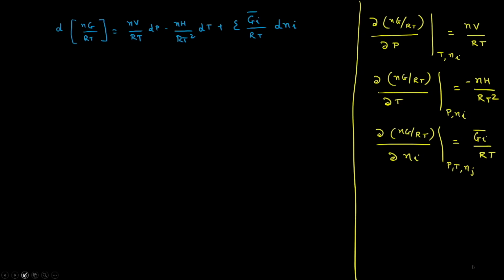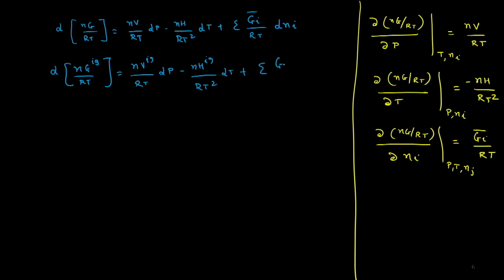What we can also do is write this equation for an ideal gas. d(nG^ig by RT) is nV^ig by RT dP minus nH^ig by RT squared dT plus sigma G_i bar ig by RT dn_i.